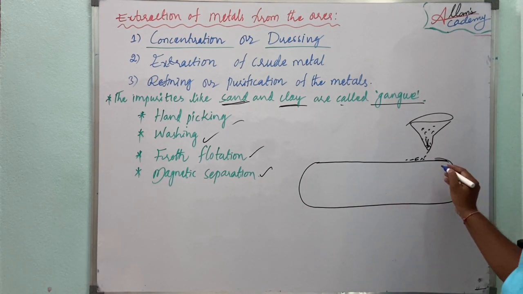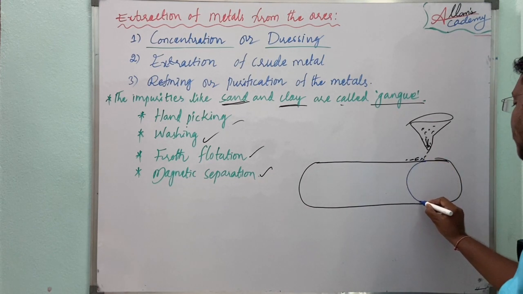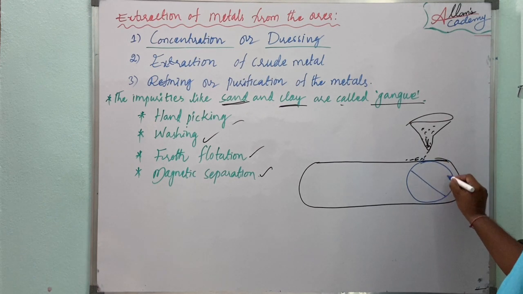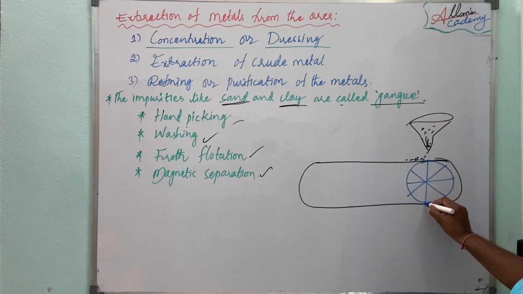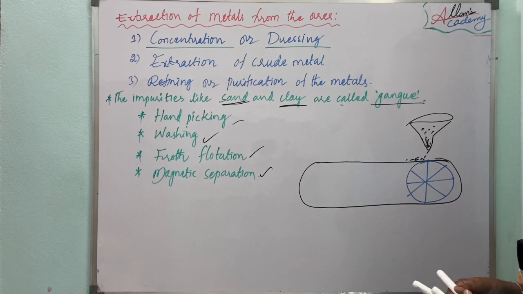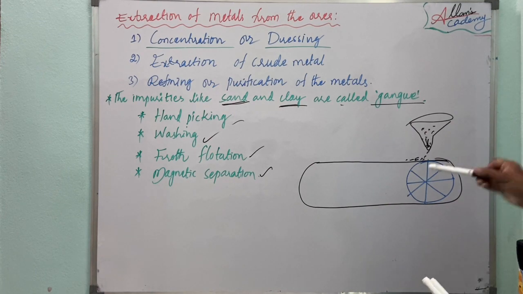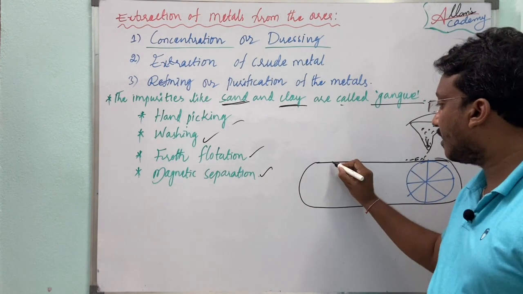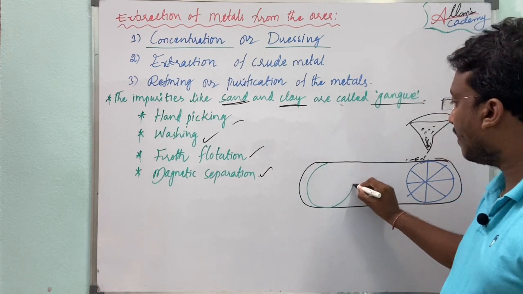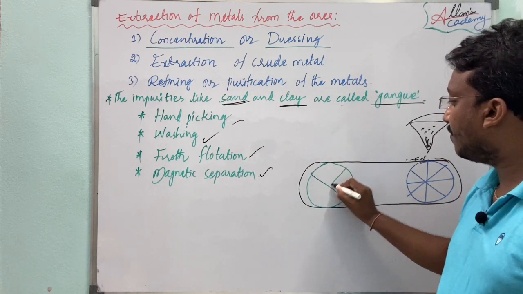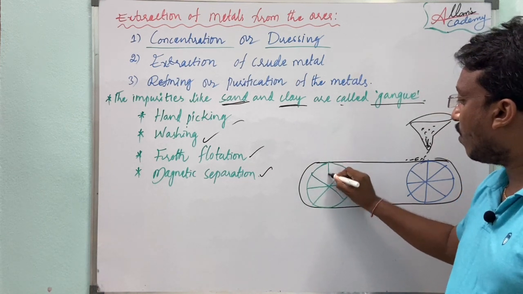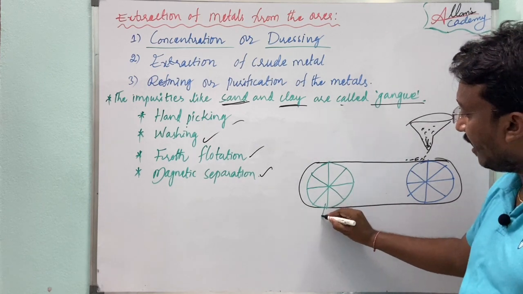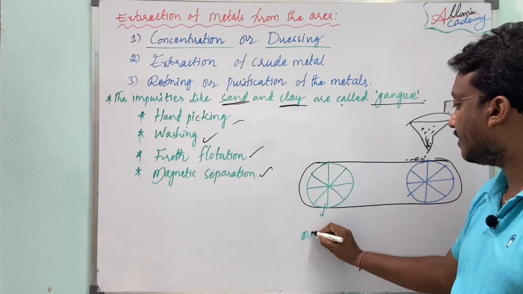It has two wheels to rotate the belt. With the help of these wheels the belt can be moved, and one of the wheels is a magnet.